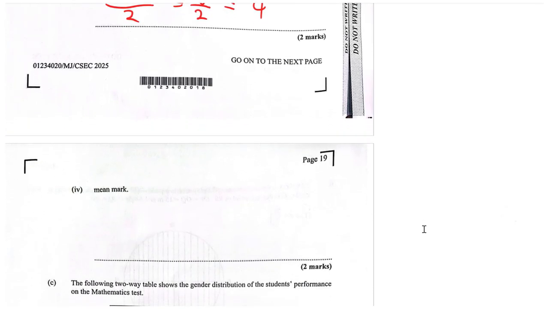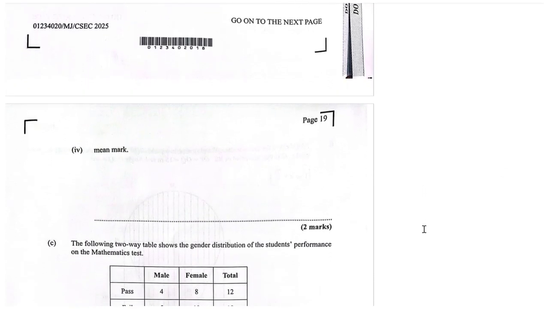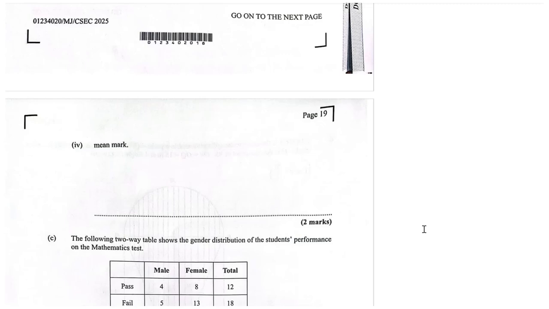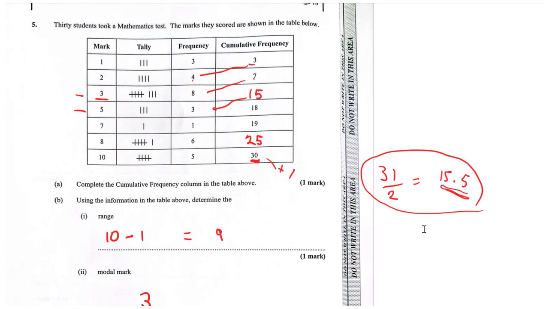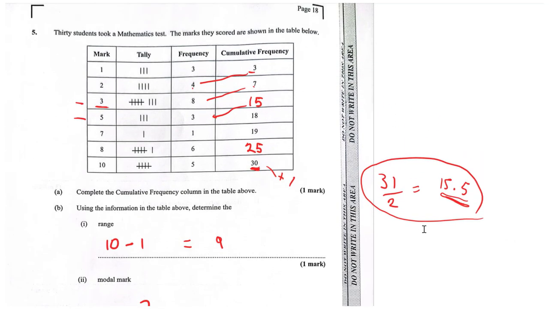So let's look at the other question. Now here it says find the mean mark. Now what we need to do now, let's go back to our table. What we have to do now, we're going to take the frequency and multiply by the mark. So it's going to be 3 times 1, that is going to give us 3.